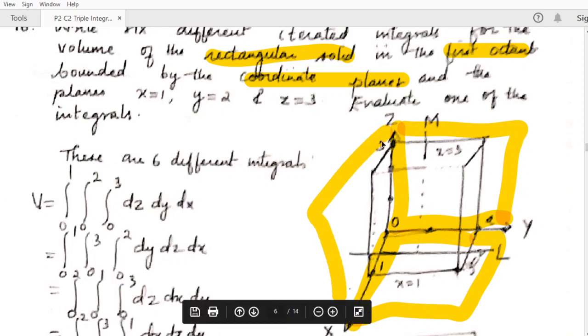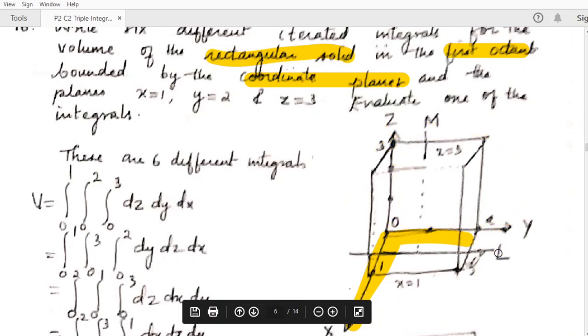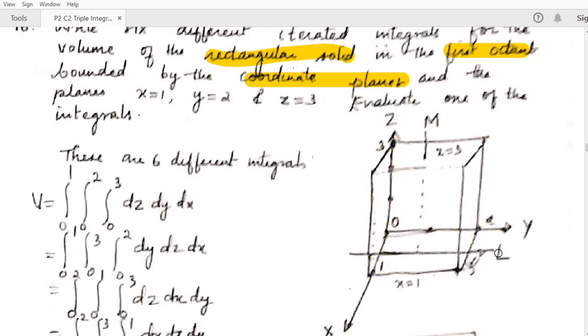The bounds are these three planes and the planes x equal to 1, y equal to 2 and z equal to 3. So what is the meaning of x equal to 1? We know that in a two-dimensional space, when we say x equal to 1, it is a line.